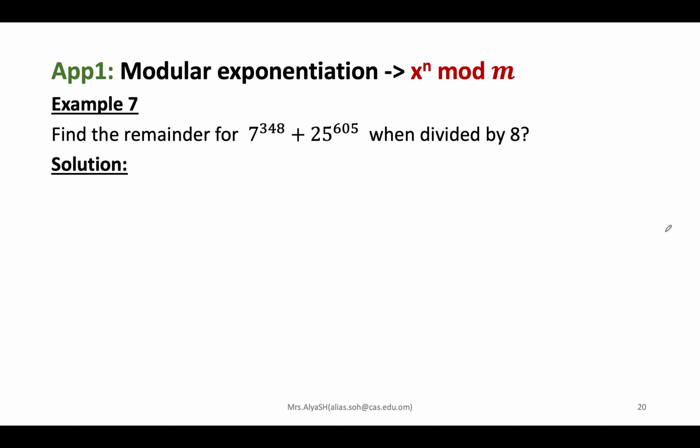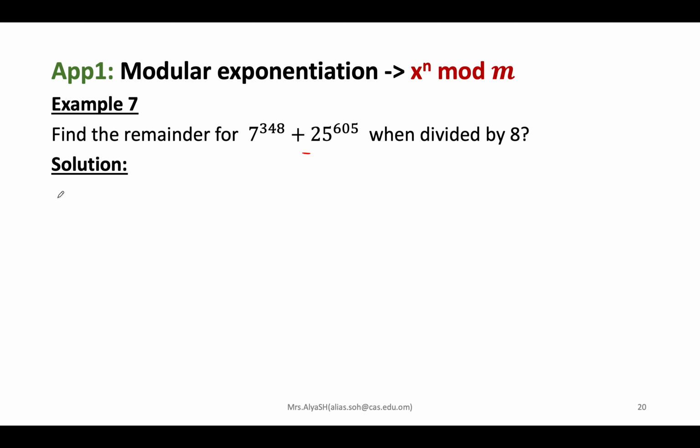Again, one more example, with an arithmetic operation here. First of all, we need to find the remainder when 7 to power 348 is divided by 8. And then we need to find the remainder when 25 to power 605 is divided by 8. Then we just add them together.